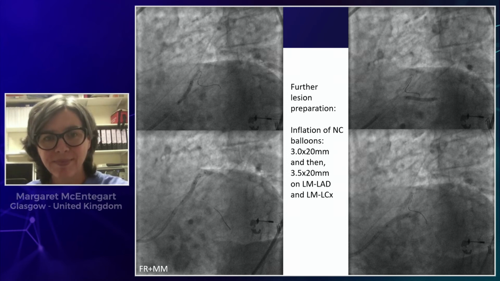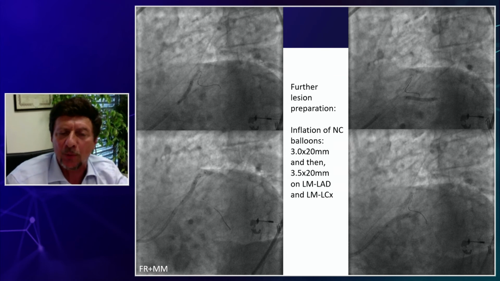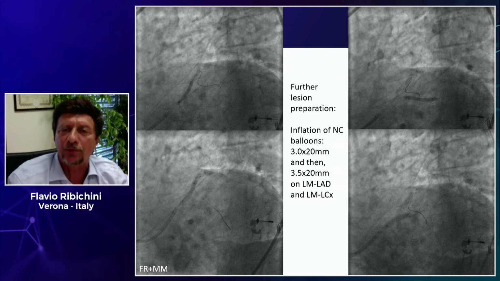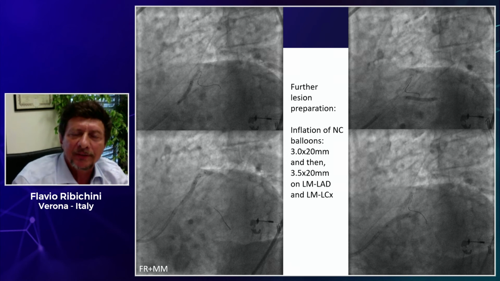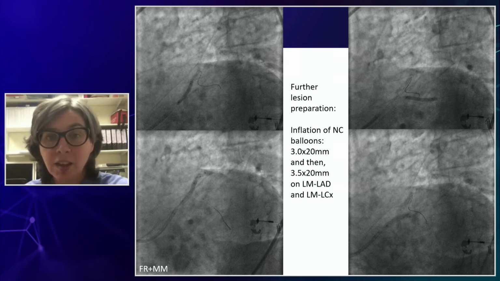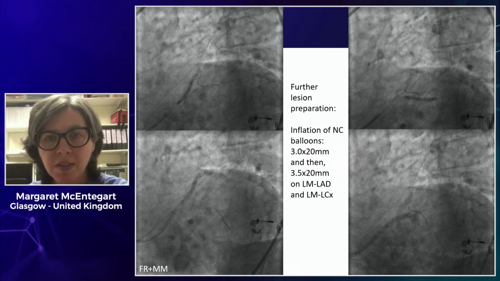Might it happen that after rotation, I mean, we did quite an aggressive rotation on the two vessels, upgrading from 1.5 to 1.7. Might it happen that you put a balloon and you still have a risk? Yeah, I think when you're dealing with this type of disease, there's always a risk that by aggressively predilating at this point, you could propagate any dissection that you've created with the rotablation.